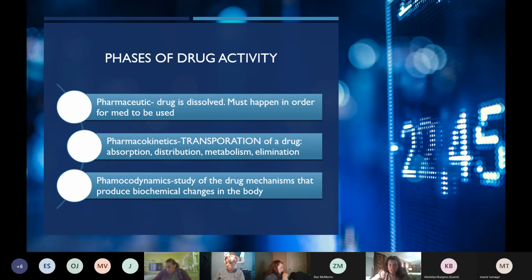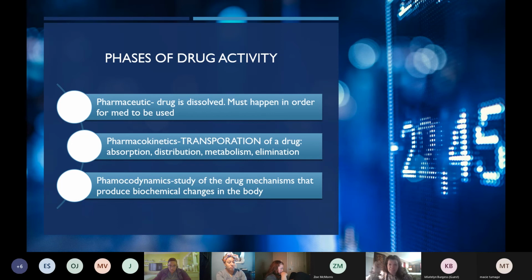A medication cannot be used unless it is dissolved and made usable for the body. So when you swallow a regular Tylenol pill, it's in whole form and it can't do anything, right? The pharmaceutic phase of Tylenol would be when that drug dissolves in your stomach, okay?